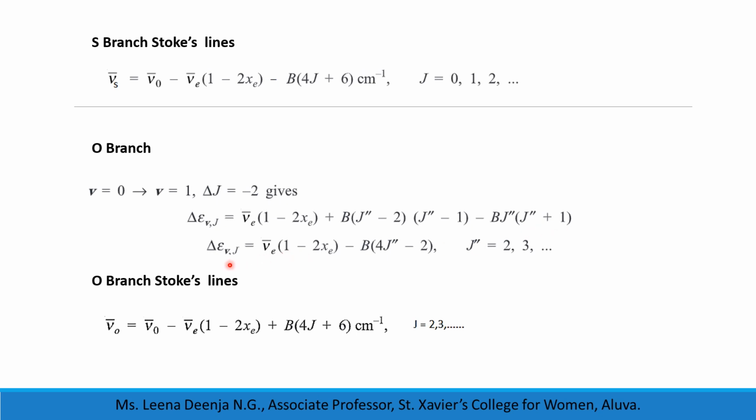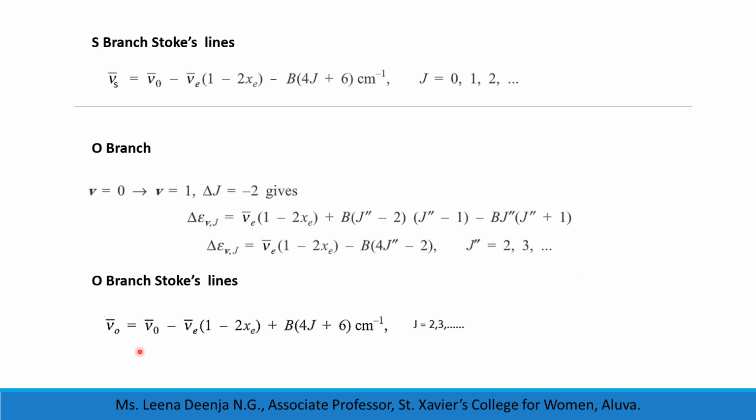So here it is equal to nu bar E into (1 minus 2xe) minus B into (4j double dash minus 2). For getting delta J equal to minus 2, the first transition is from J equal to 2 to upper J equal to 0 value. The next transition is from lower J equal to 3 to upper J equal to 1 level. So this J double dash in this case is 2, 3, 4, etc.